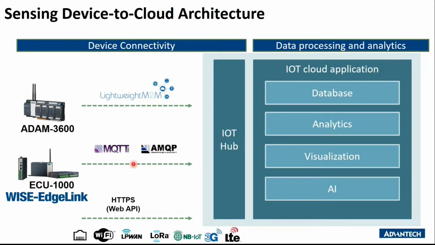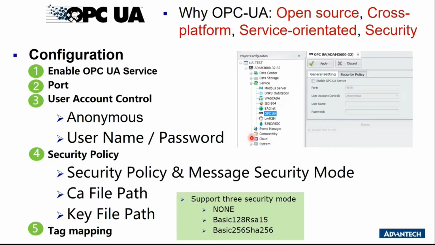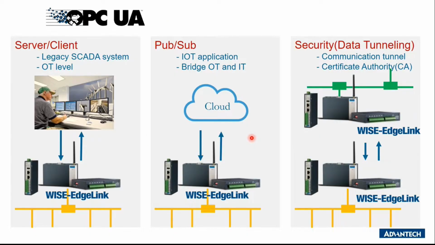You can use MQTT, you can use the web service, and publish all this data to different kinds of cloud. So this is some configuration setting for the OPC. Why I put this slide on the cloud side: if you look at this architecture, OPC itself can act as a protocol gateway.